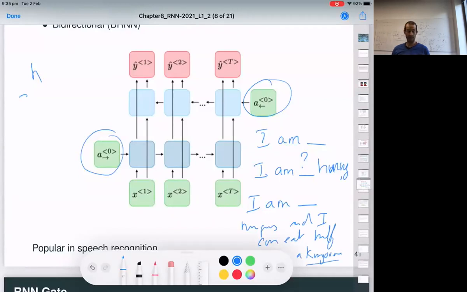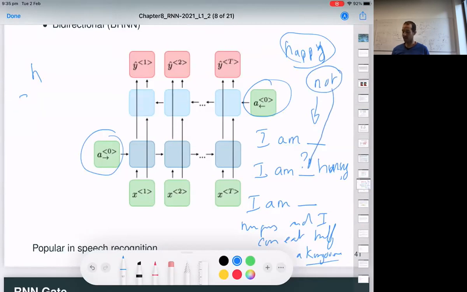So what do you think? If you only have the first part, maybe the response is happy. I am happy because I teach you. But if you have the last part of the sentence, where I say hungry, you will think maybe I am not happy.